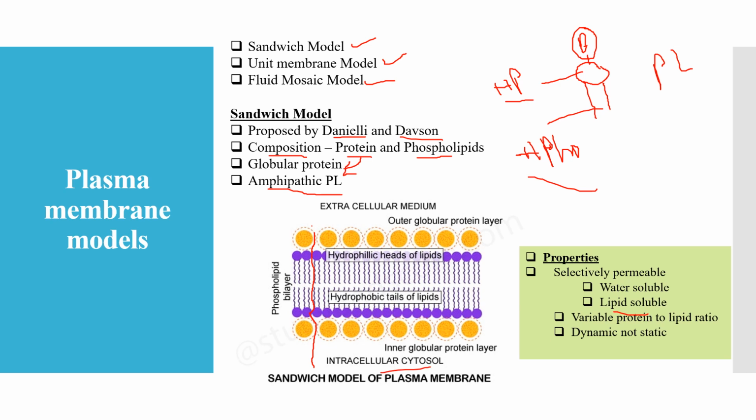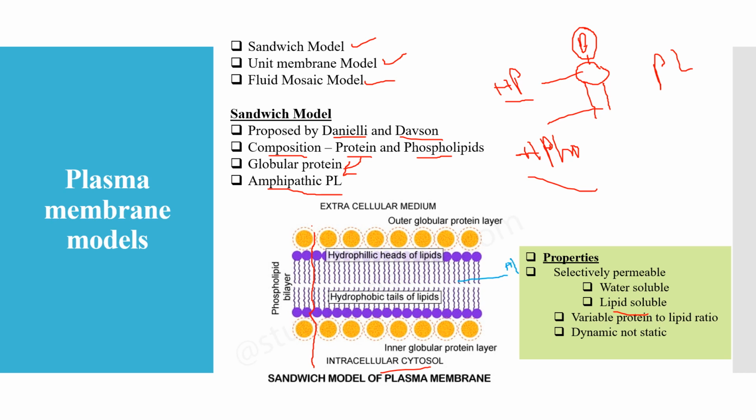Now we come to the water soluble substance. So here the water soluble substance. This is the head portion, meaning it is the hydrophilic portion, water loving, whereas here is the hydrophobic portion.